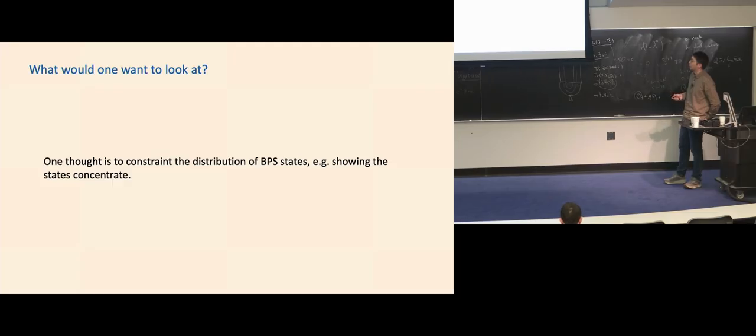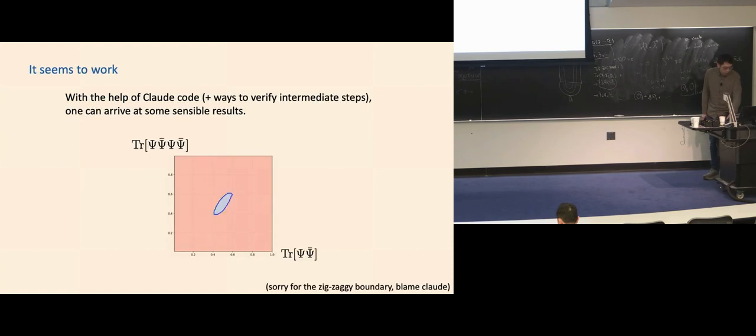For example, showing that the states concentrate, that they only exist in some particular charge sectors, like in this single fermion model that we discussed. This is, in principle, some interesting information we would also like to have in the N=4 super Yang-Mills theory. Now, it seems to work.